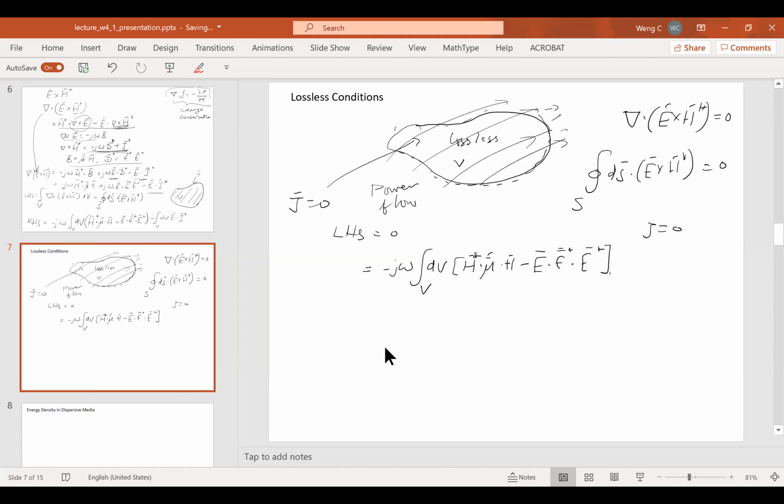And when would this be 0? When would this be 0?